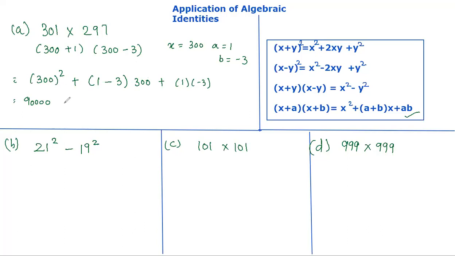That will be 90,000 minus. Now 1 minus 3 will be minus 2, and 2 into 3 will be 600. And over here it will be minus 3. So this will give me nothing but 89,397.